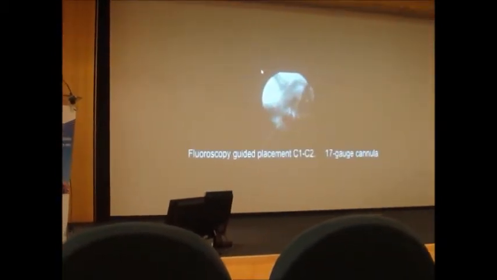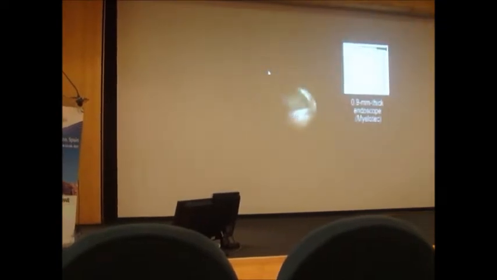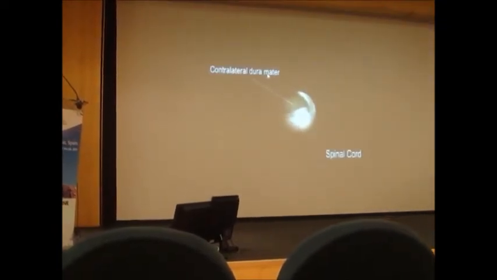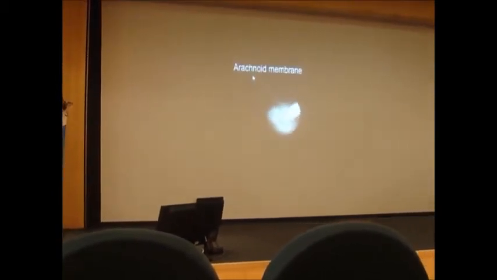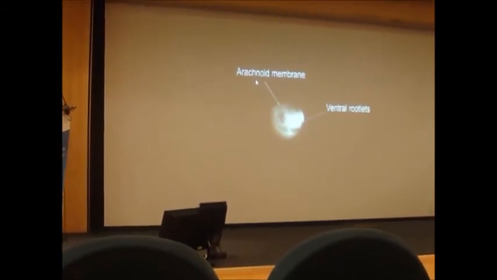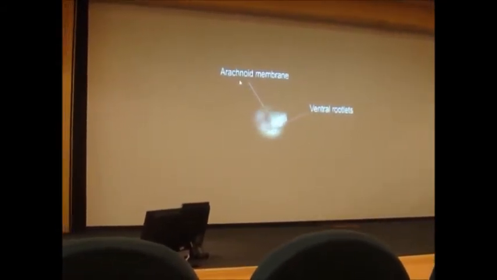At first we go into the interspace C1, C2. We introduce the endoscope, which is 9.9 millimeters, and then we start to have visualization of the structures: the arachnoid membranes and the ventral rootlets.